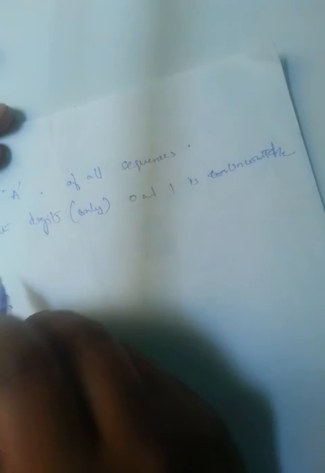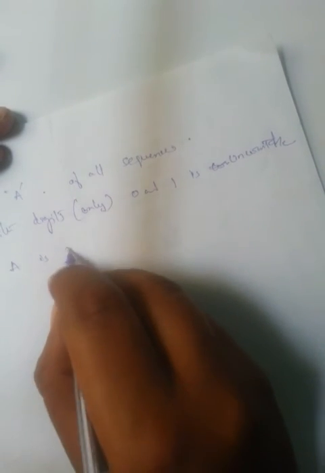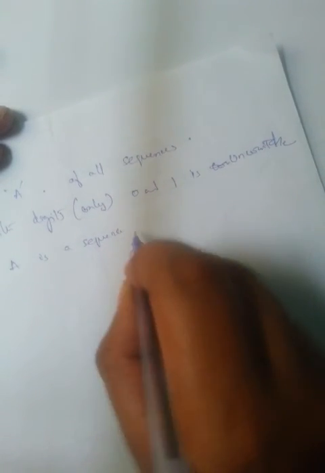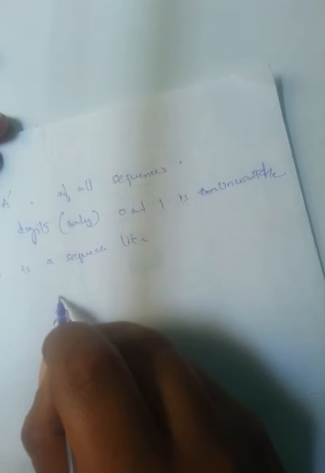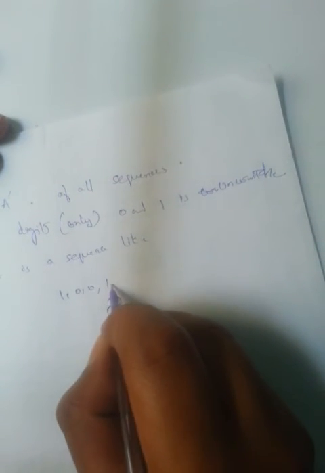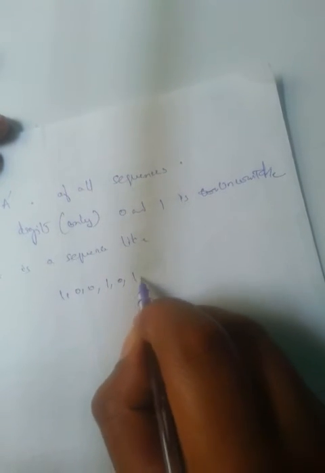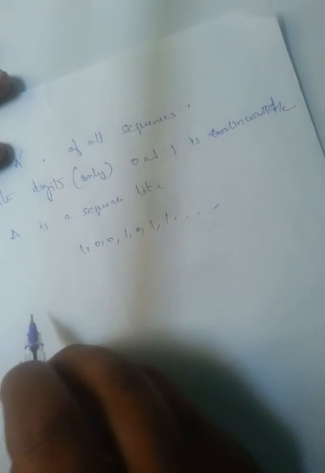We have to prove that, right? A is a sequence like 1 0 0 1 0 1 1 1 and it goes on. This is a sequence we have got.